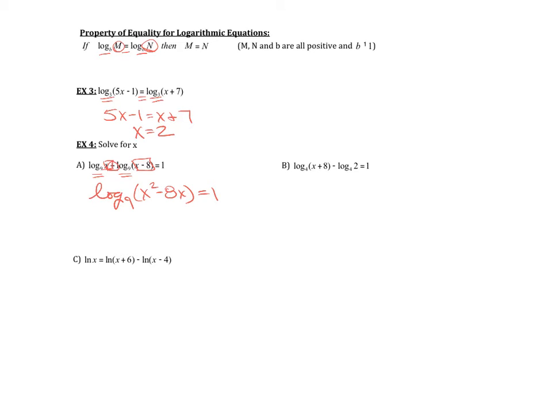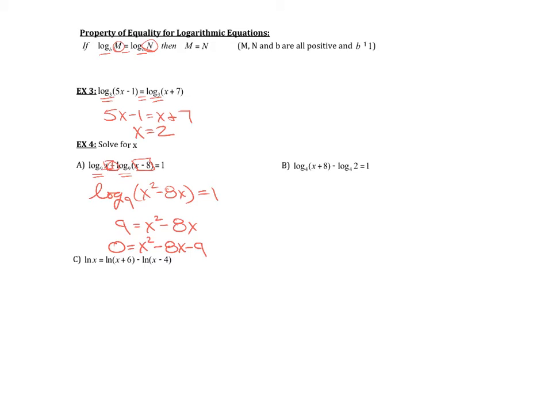Converting this from logarithmic form to exponential form, we take 9 to the first, or just 9, equals x squared minus 8x. This problem is a quadratic because there is a squared term, so you set equal to 0. X squared minus 8x minus 9. You either factor or use the quadratic formula.